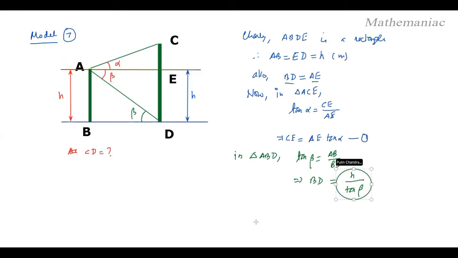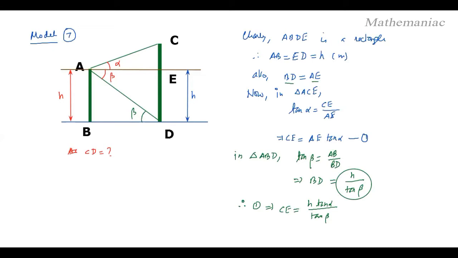So this value I can use in equation one. So if you use this in equation one, CE will be equal to AE, which will give you H tan alpha divided by tan beta. So this is what we have arrived at.